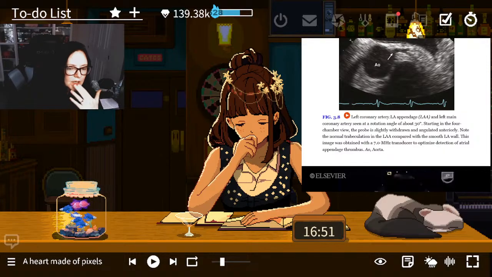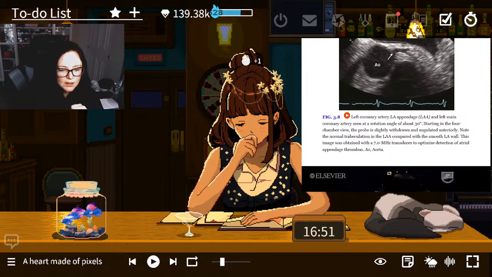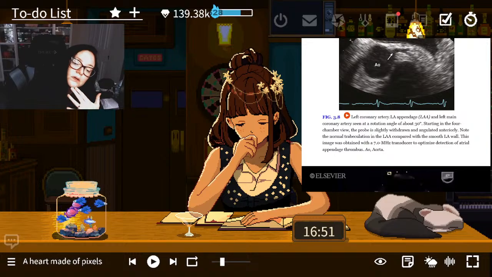Some of those waves kind of look like the mitral valve. I think that looks like it's between the mitral valve and the aortic valve.